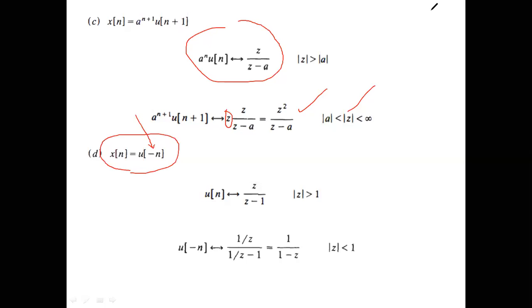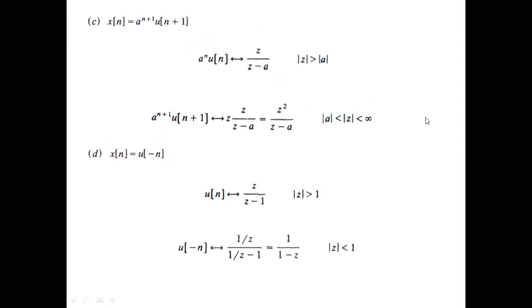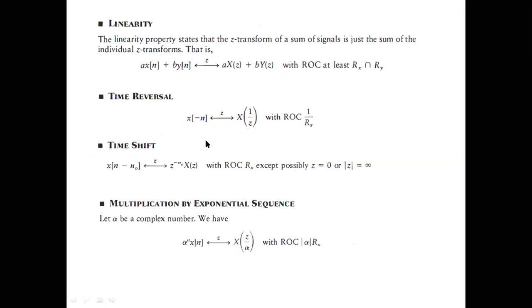If you know the z transform of x of n, then to find the z transform of x of minus n, you have to replace every z by 1 by z, and the ROC with radius r is replaced by 1 by r.